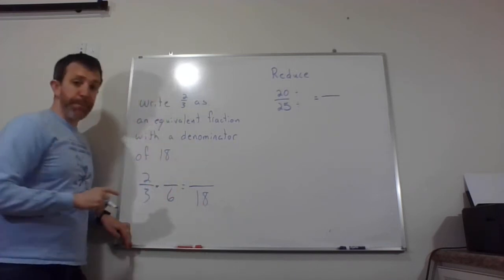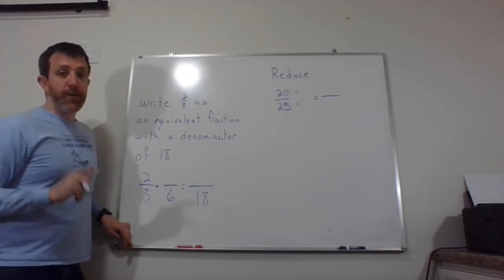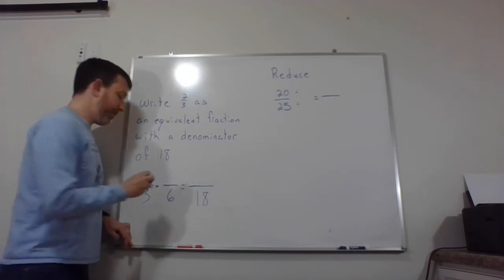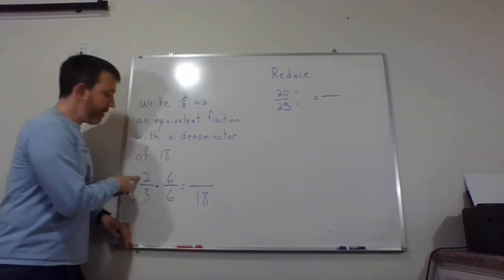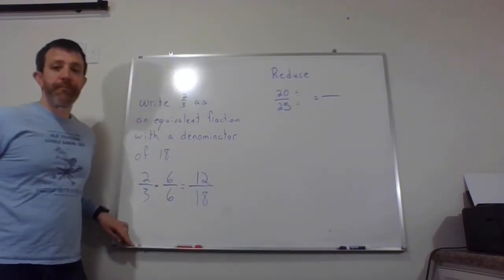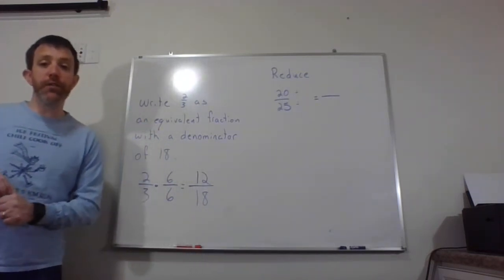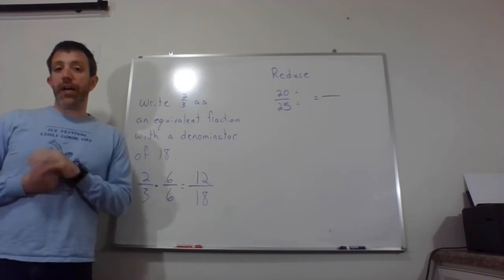But here's the kicker. If you want equivalent fractions, you have to multiply the top and the bottom by the same thing. So we can't just leave the 2. We have to do 2 times 6 to get 12. So that's how we can make our fractions bigger. That's going to be used when we start adding and subtracting fractions.